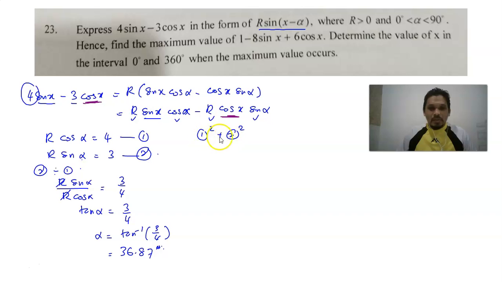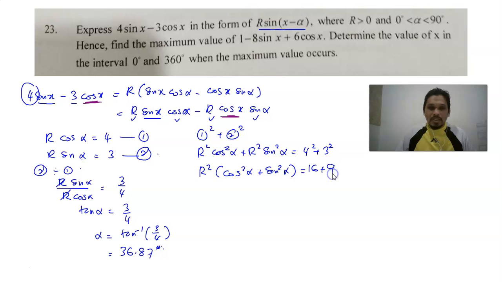So this formula we're going to use to find out the value of r here, that r square cos square alpha plus r square sine square alpha equal to 4 square plus 3 square. R square times cos square alpha plus sine square alpha equal to 16 plus 9.